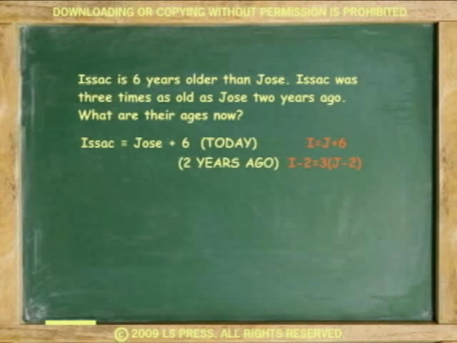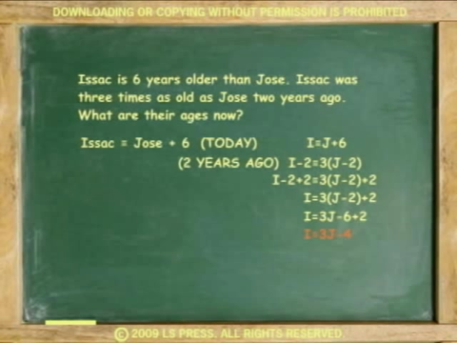I have decided to solve the second equation for I. Add 2 to both sides. Eliminate parentheses by distribution. Combine negative 6 and 2. And then eliminate I by placing the equations against each other and solve for J, Jose. 3J minus 4 equals J plus 6.